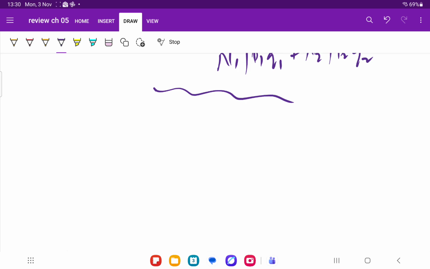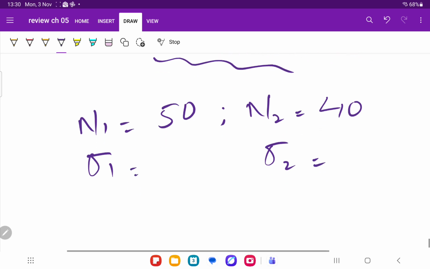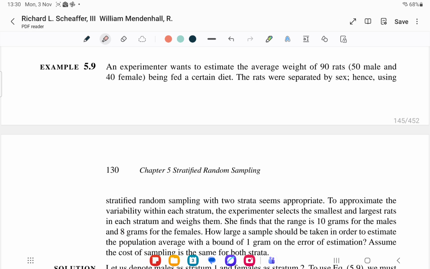From this example, we have found that n1 is 50 and n2 is 40. Now we just need to know sigma 1 and sigma 2. Also, whatever information is given here that is useful for estimation of sample size will be collected from the statement.